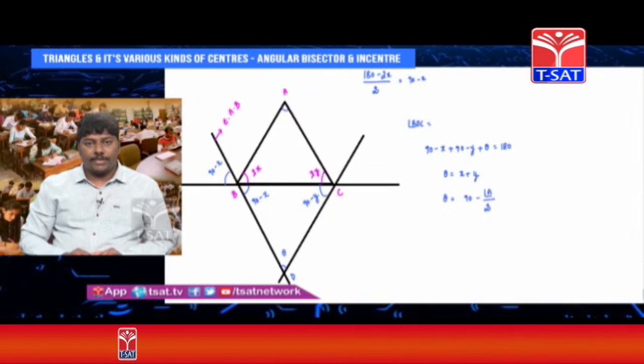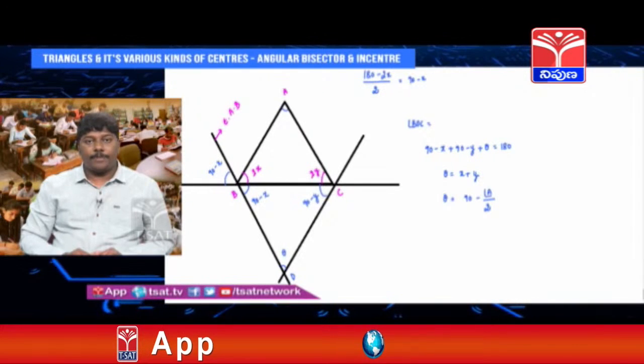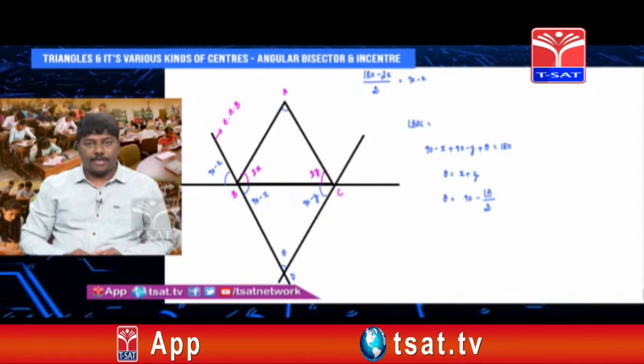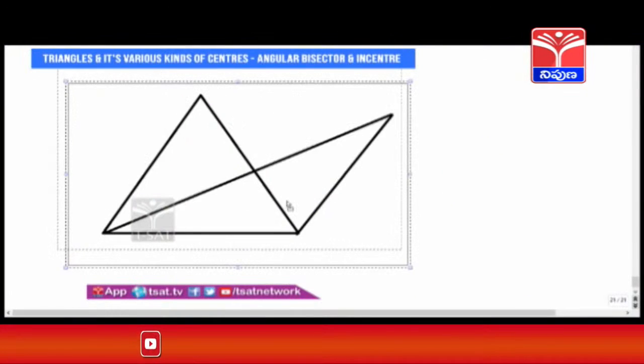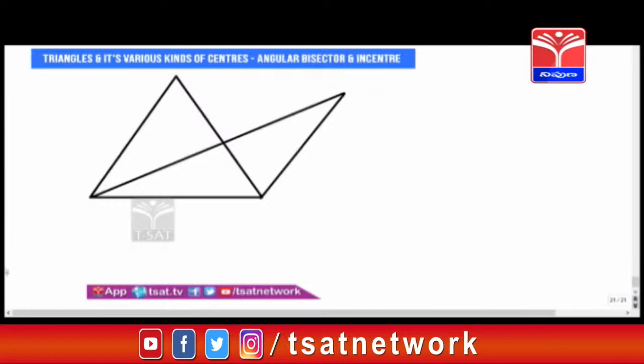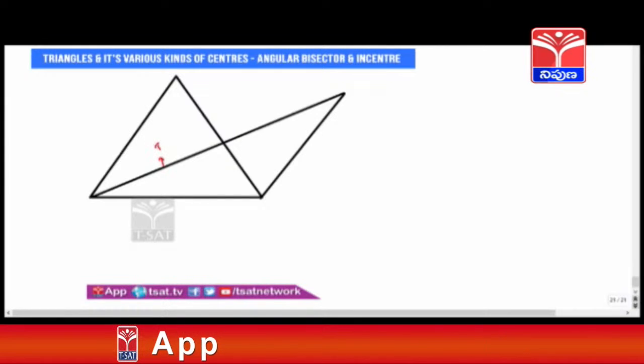We have seen when two internal bisectors meet, it is 90 plus A by 2. Now, we will take one internal bisector and one external bisector. Here in this figure, you see one internal bisector and one external bisector. This one is an internal angular bisector. This is an external angular bisector. Let us take it as triangle ABC.